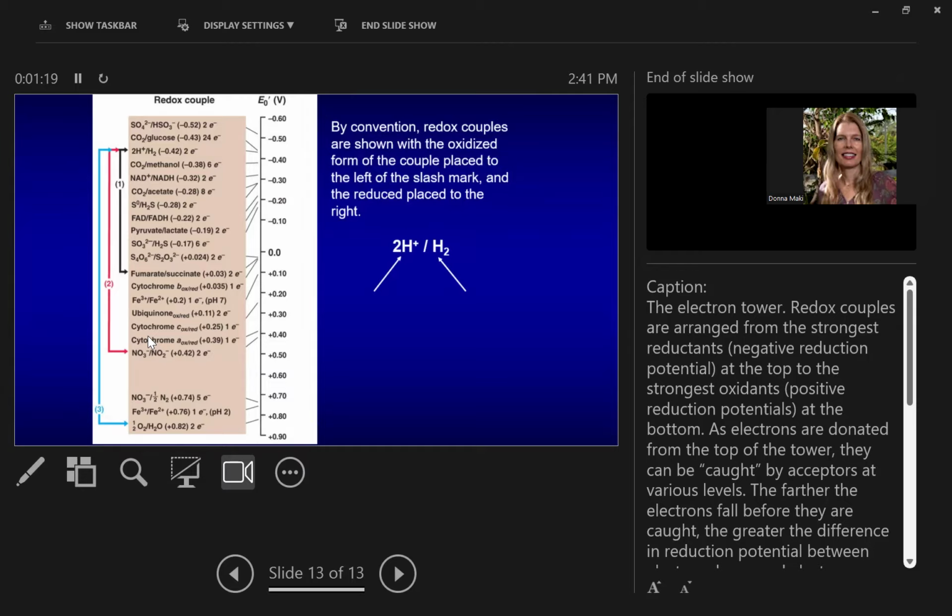And as you get into the positive scale, it's the partner to the left of the slash that's like, yeah, give me an electron, I'm really happy to take that electron. The more positive the number, that's why oxygen is the best electron acceptor. It is at the bottom with the most positive number. That means oxygen is so hungry and so good at accepting electrons.